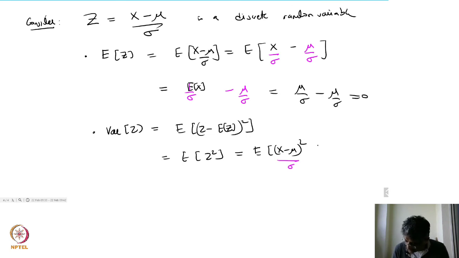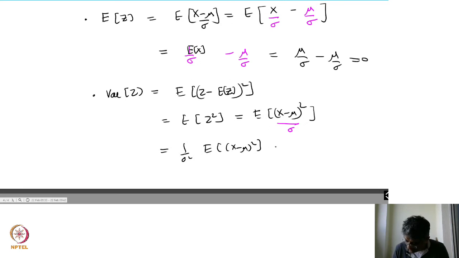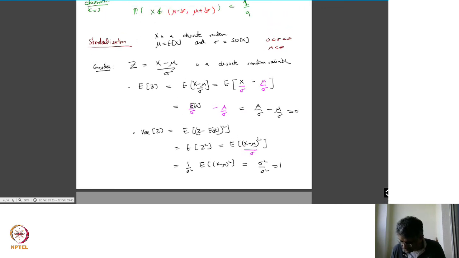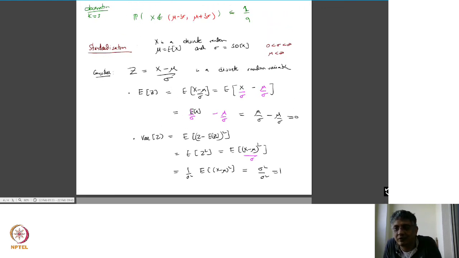That's a constant, so it comes out of the expectation. That's equal to 1 over sigma squared times E of x minus mu the whole squared. But E of x minus mu the whole squared is just the variance of x, which is sigma squared, so the result is 1. So this is one way to standardize a random variable. Suppose x has mean mu and standard deviation sigma. If you shift by mu and scale by sigma, then the variance of z is 1 and the mean of z is 0.